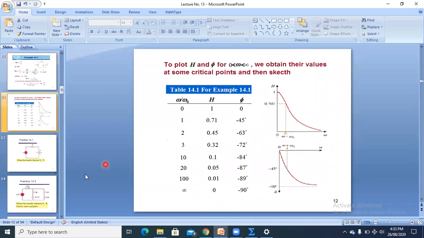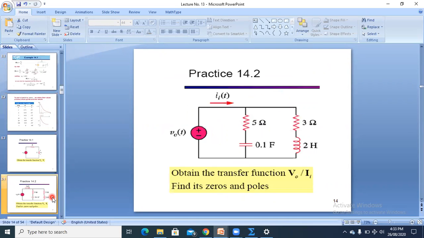So this is the practice problem for you.